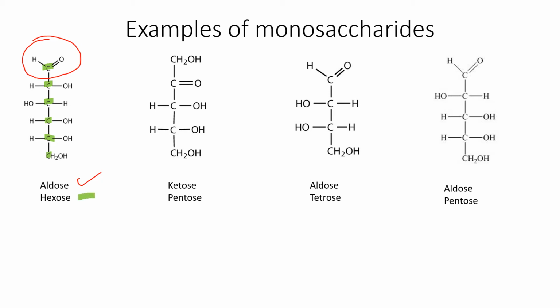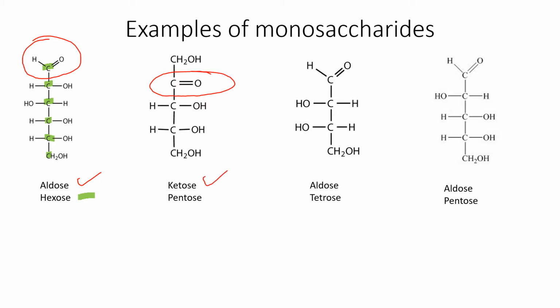Now if we go to the next molecule over, again, the first thing we want to look at is whether this is an aldehyde or a ketone. That'll determine if we're dealing with an aldose or a ketose. And here, circled, we can see we're dealing with a ketone. Being that we have a ketone here, we are dealing with a ketose.